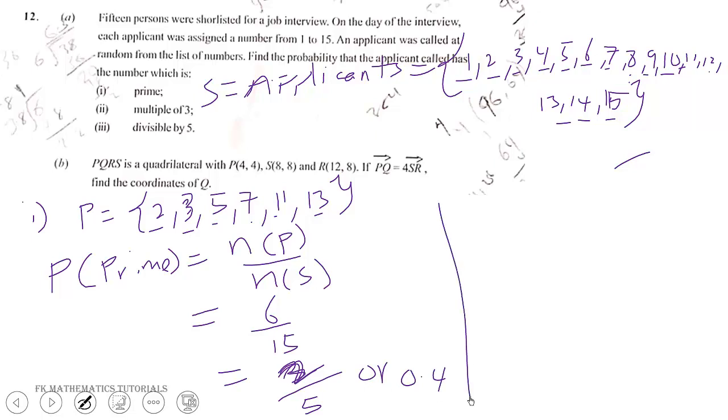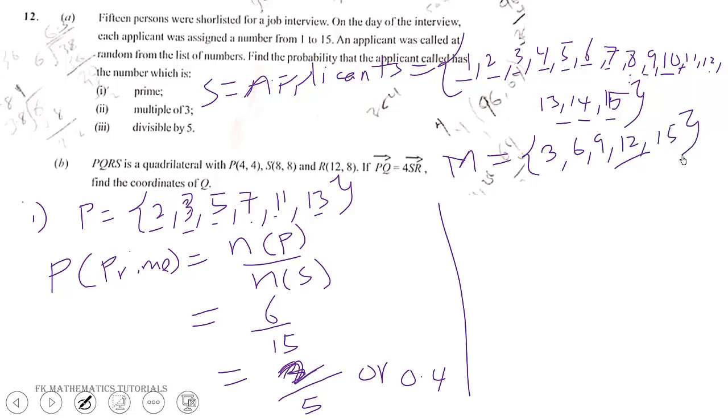And the probability that the number is a multiple of 3. So multiples of 3, we have 3 times 1 is 3, 3 times 2 is 6, 3 times 3 is 9, 3 times 4 is 12, 3 times 5 is 15.